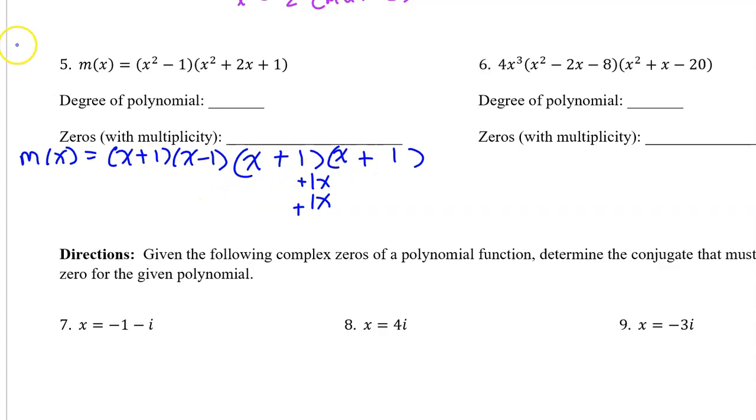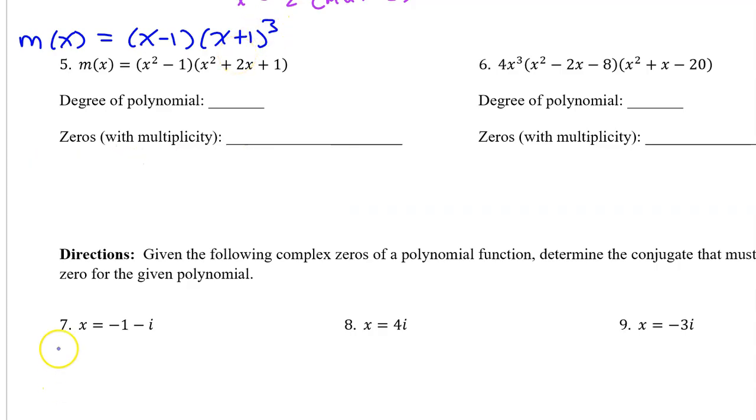Combining repeated factors, we can have m of x equals, the x plus 1 factor appears 3 times. So we can write, I think I'll go ahead and write the single x minus 1 first. And then we have x plus 1 to the third power.